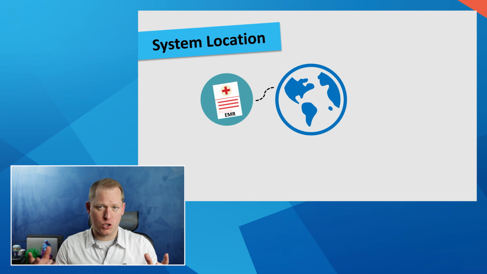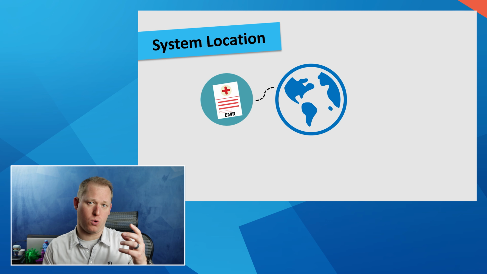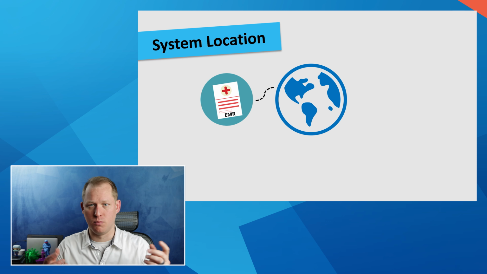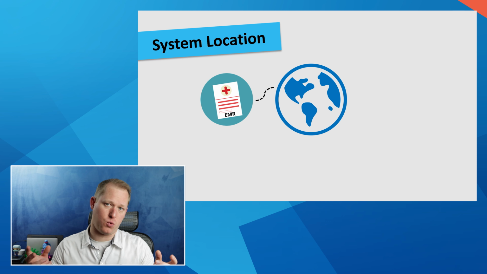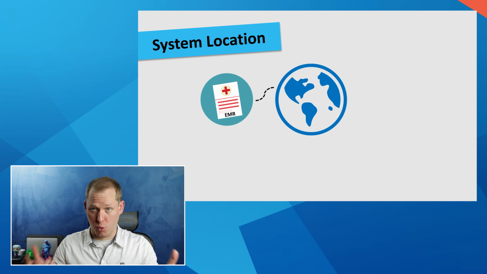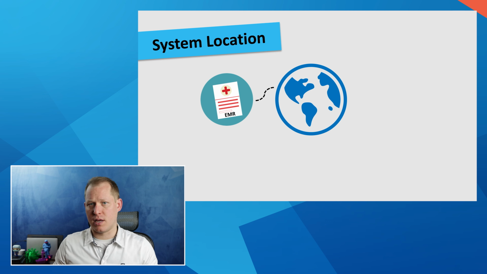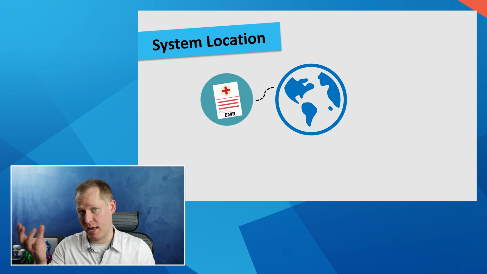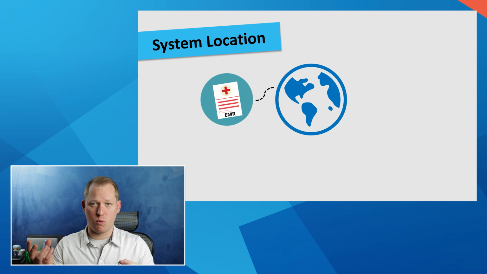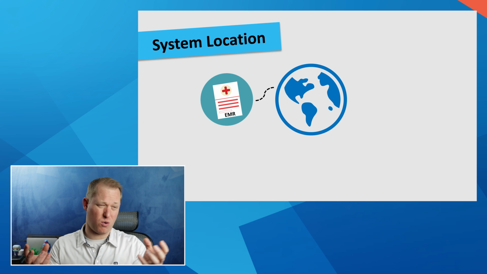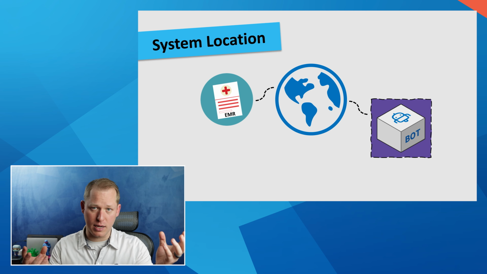The location of your software robot compared to your target business application, or more importantly, the network speed between those two systems, is going to matter and impact your process performance. So let's say that you've set up an electronic medical record system in your data center in California, and your software robots are hosted in a data center or cloud provider out in India.